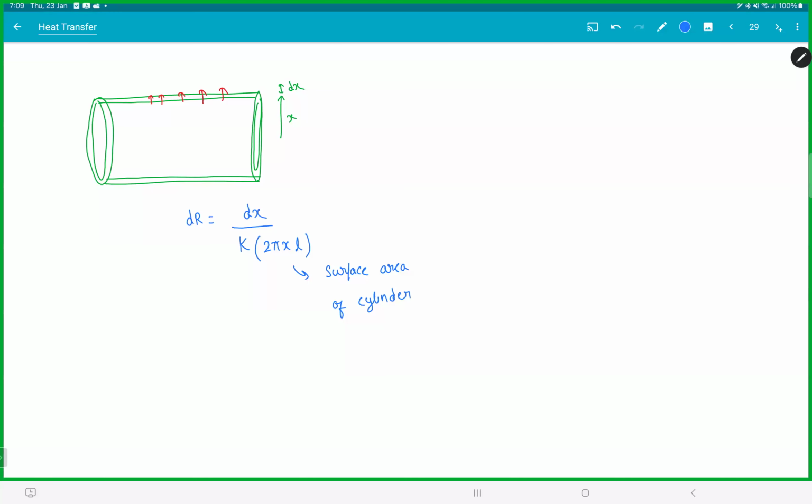Is this making sense, everyone? How did I take the element? So consider a thin cylinder of thickness dx and radius x. Now if you add all these thin cylinders, you'll get a thick cylinder, right? Now tell me one thing, all these cylinders are in series or parallel?